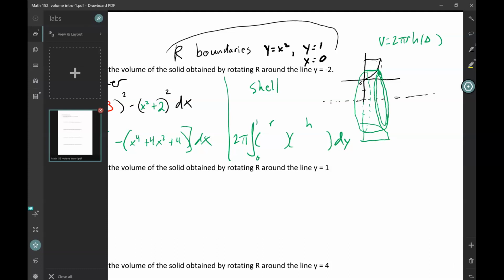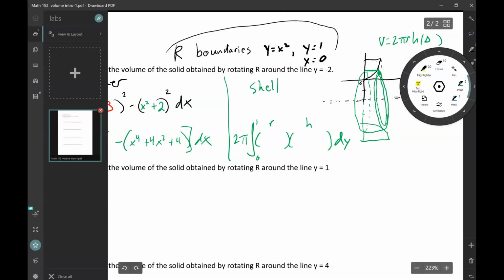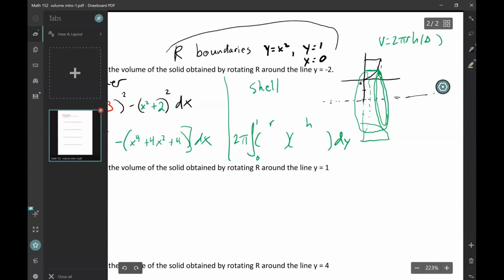Now the height, let me use a different color here. The height is going to be that line right there. That's the height of the shell. And you can tell that that line is controlled by the curve, right? And again, if we use that same method of looking at the coordinates of that point, now we're in terms of y, so we're going to write it as square root of y, comma y.